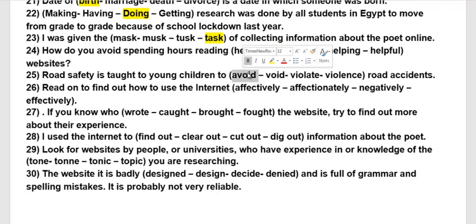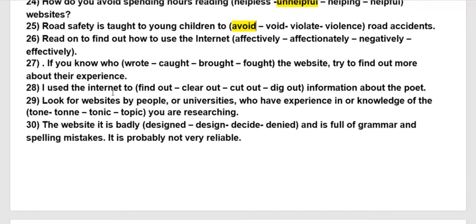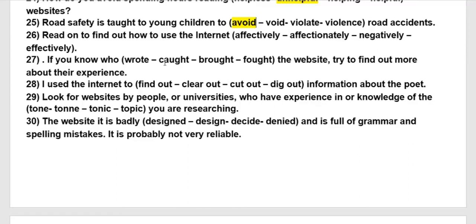Avoid accidents, not void, not violate. As for violate, it means to fail to comply with something. Violate.